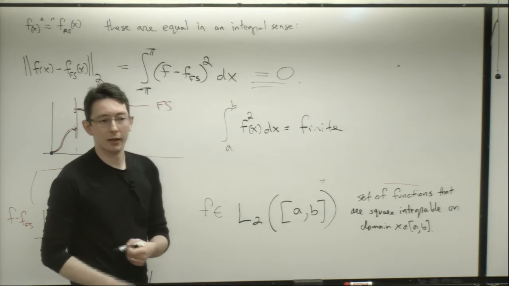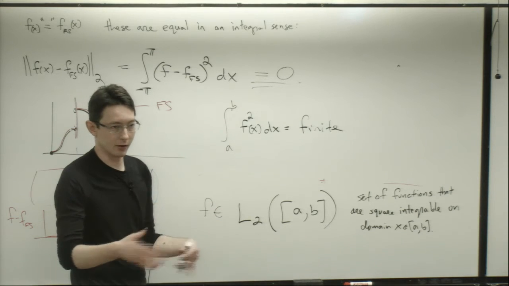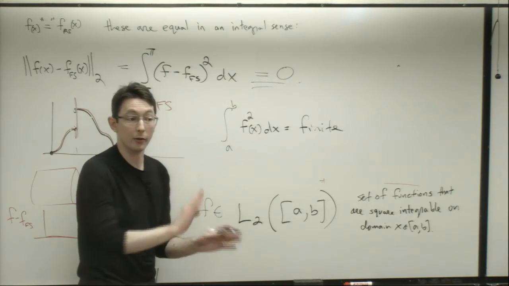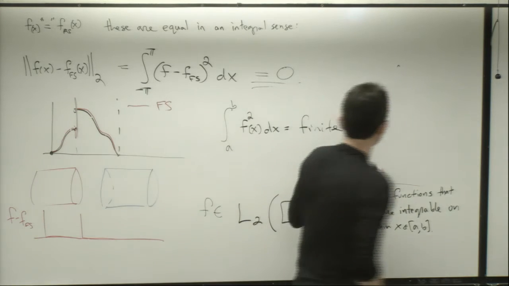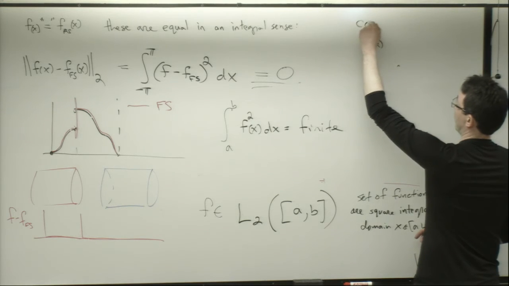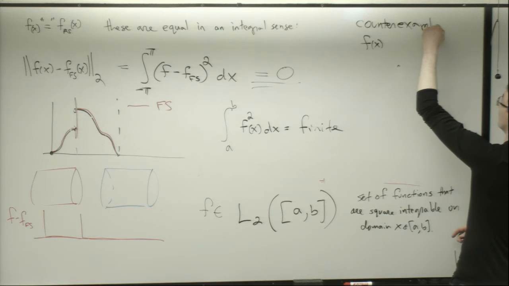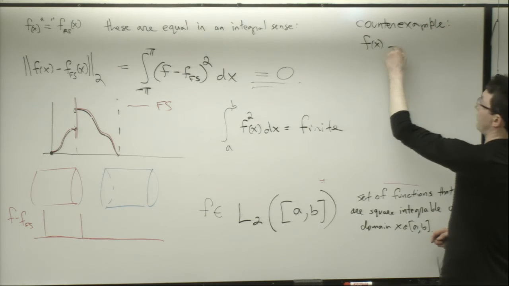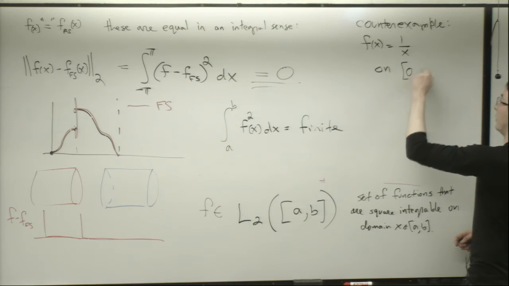Almost every function that is nice and happy that we're used to thinking of, sines, cosines, exponentials, they're square integrable on most domains. A good example of a function that's not square integrable is a counterexample: f of x equals 1 over x on 0 to 2.